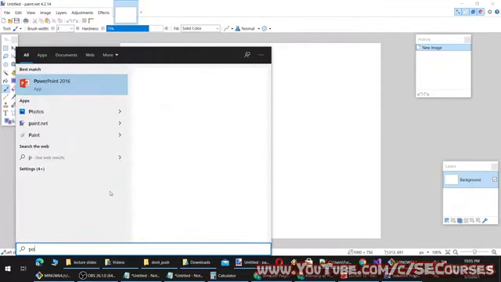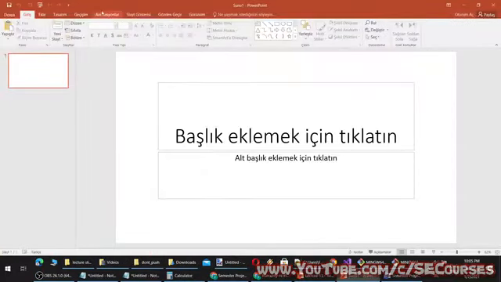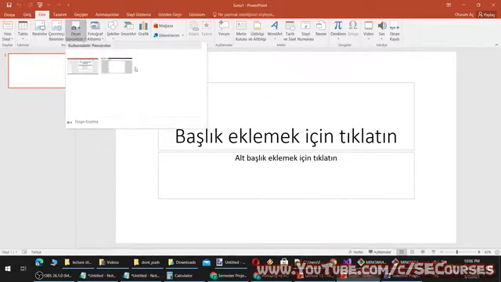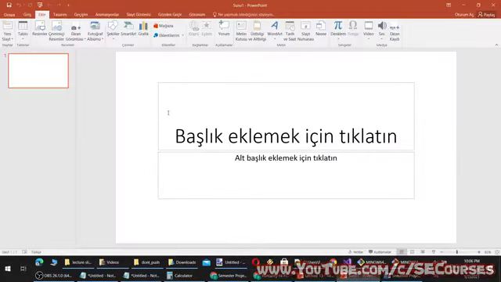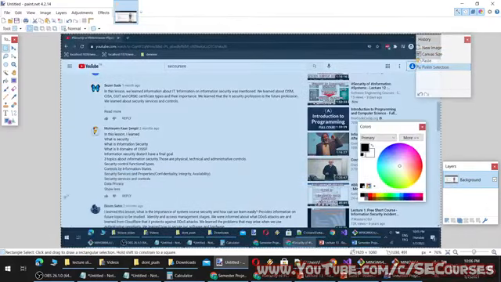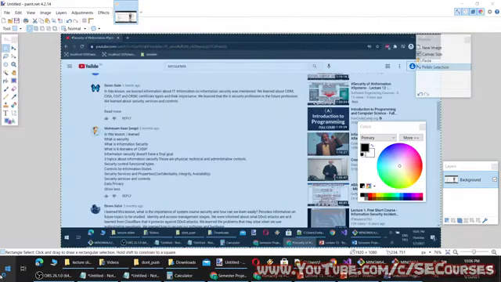For example, let's open a PowerPoint, and here there is a screenshot, and let's see if it supports Chrome. Yeah, looks like it doesn't support Chrome to take a screenshot. So you need to use image software. For example, you can use Paint as well, which exists on every Windows computer.